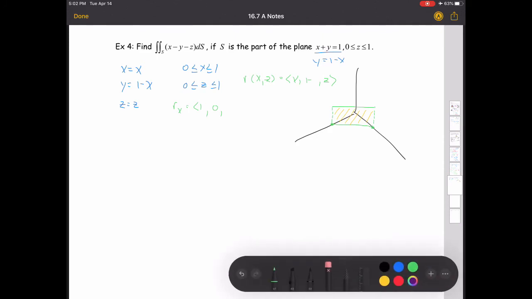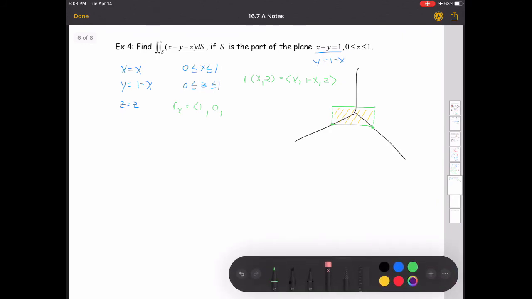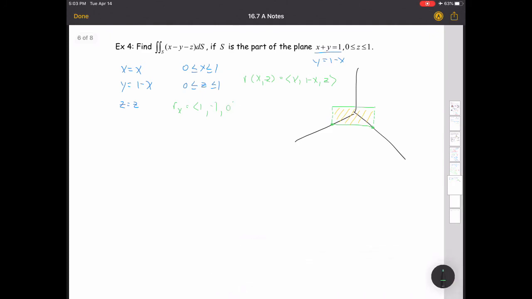It should be 1 minus x. Makes a big difference. 1 minus x. So that means that what we have here is 1, negative 1, 0. And then r sub z, or the partial with respect to z, is 0, 0, 1. Yeah, that looks right. Okay, so we need the cross of those two.